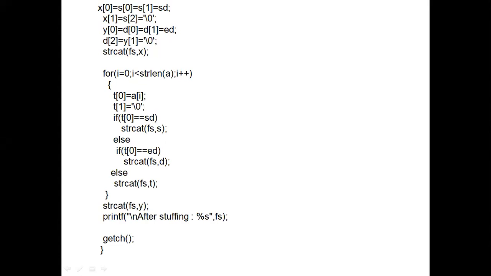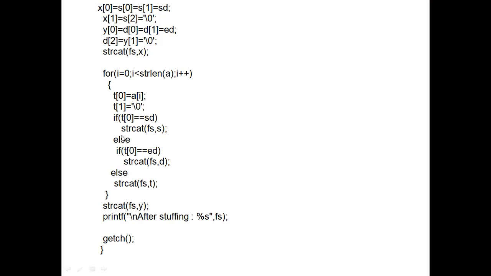For example, if the starting delimiter is d and it appears as part of data, then it is preceded with one more d. Likewise, whenever the starting delimiter appears as part of the data, it is preceded by one more starting delimiter, so that you can find a pair of starting delimiters. When you come across a pair of starting delimiters inside the stuffed string, the receiver ignores one and treats it like data.